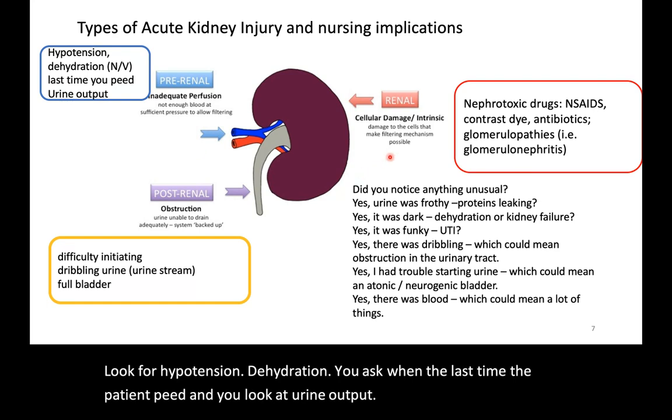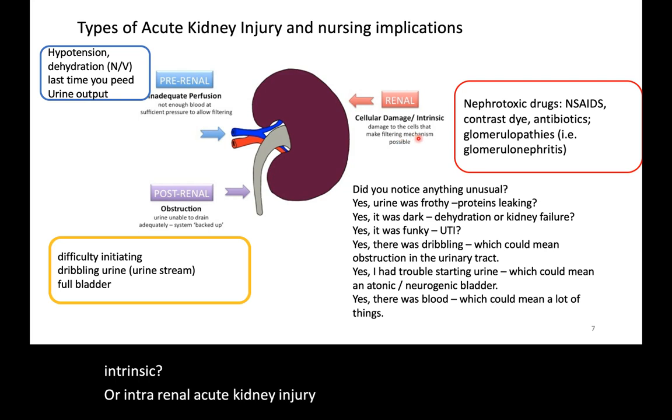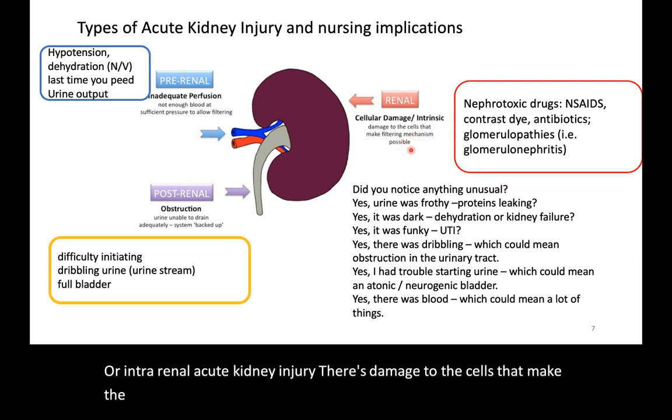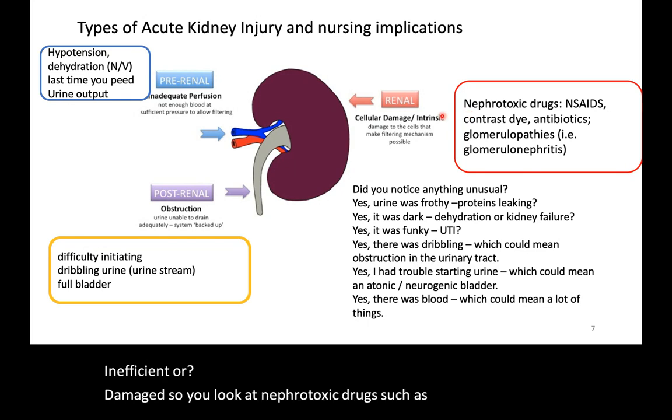With intrinsic or intrarenal acute kidney injury, there's damage to the cells that make the filtering mechanism inefficient or damaged. So you look at nephrotoxic drugs such as NSAIDs, contrast dye, and antibiotics.